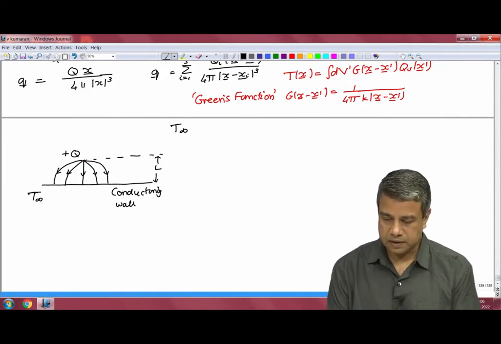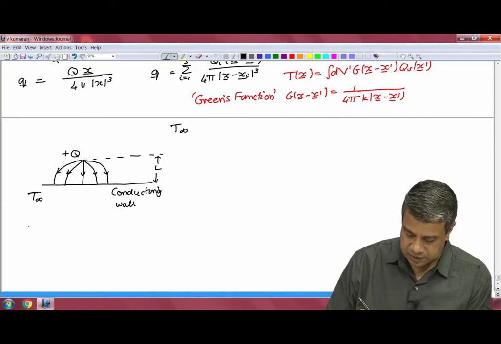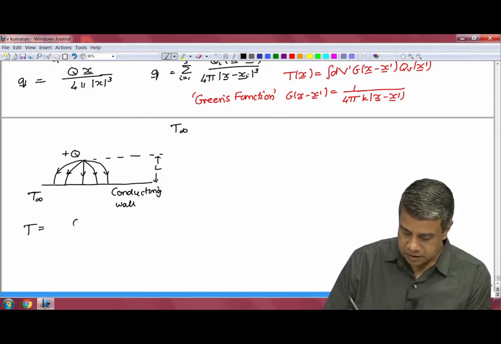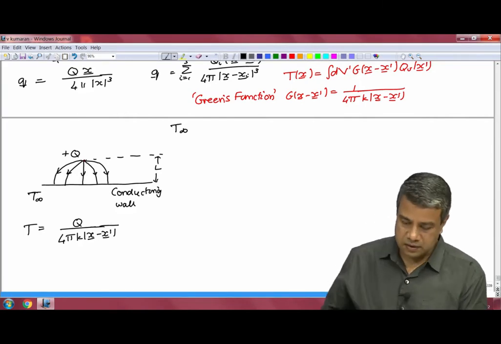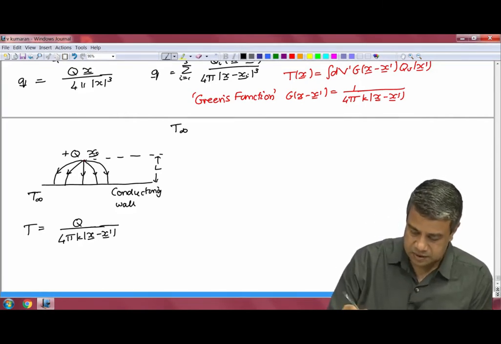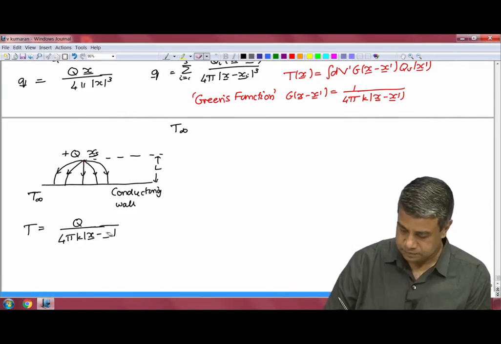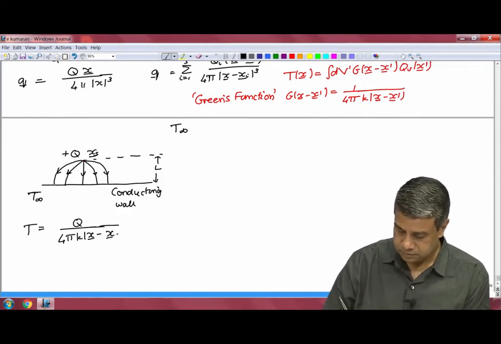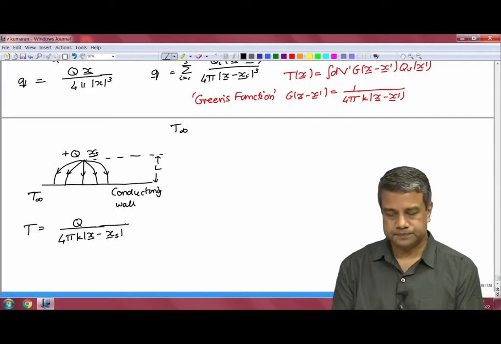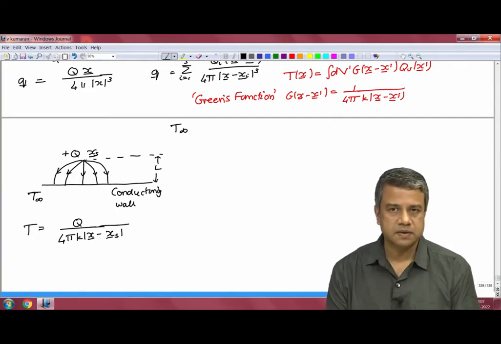Now, for a point source, the temperature was given by Q by 4 pi k into the distance x minus x prime, where I will call this x s, the source location. That was the temperature field due to a point source.